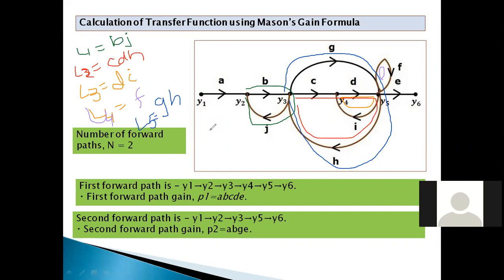Any doubts regarding identification of loops?